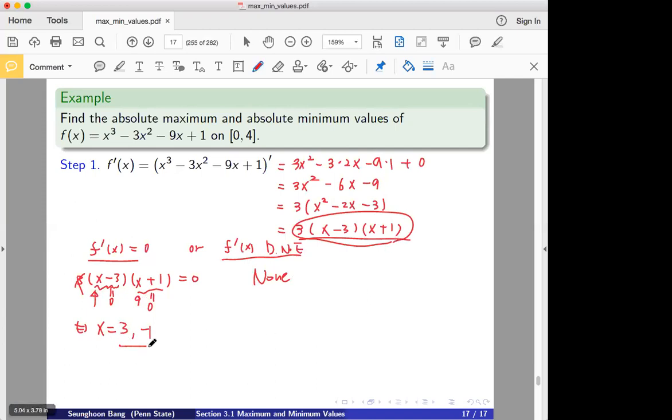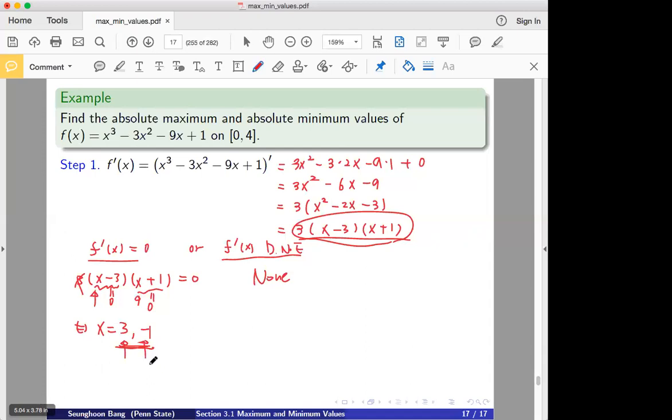We have 2 points. Which one is a critical number: 3, -1, or both of them? What are the critical numbers? Let me see the first condition of a critical number: c is in the domain.